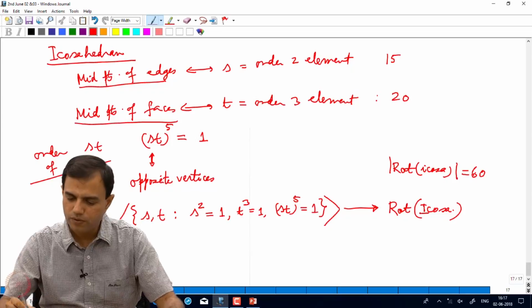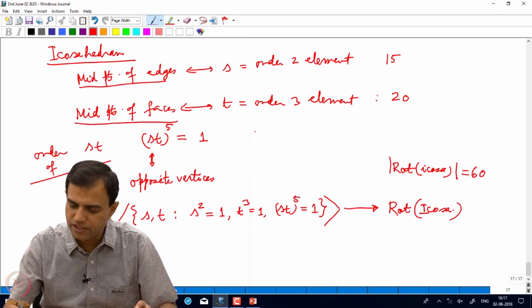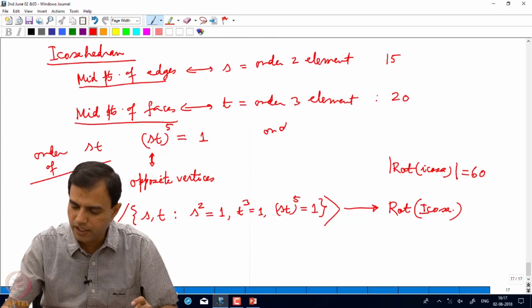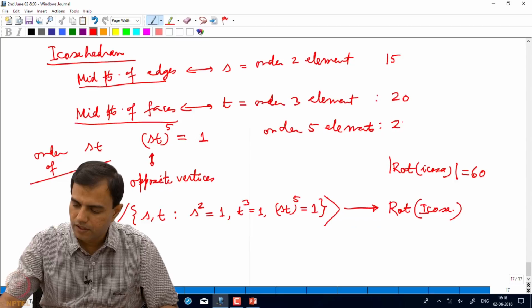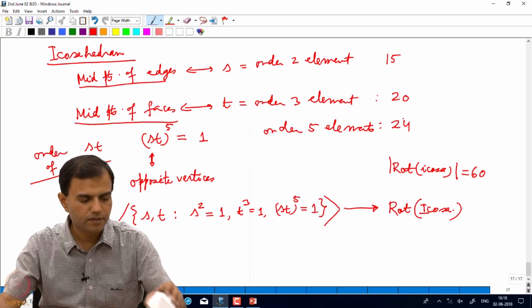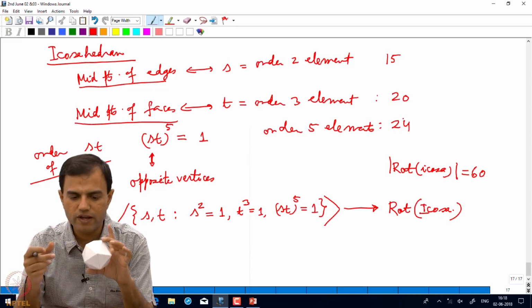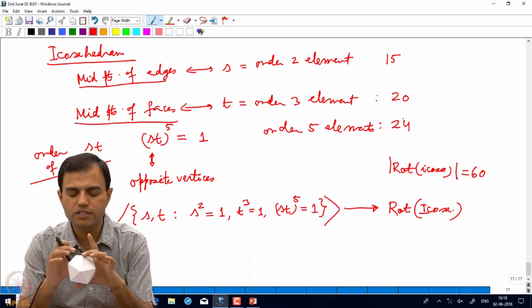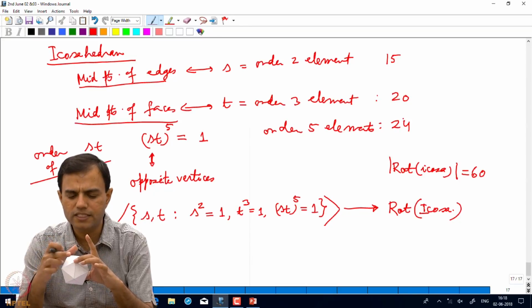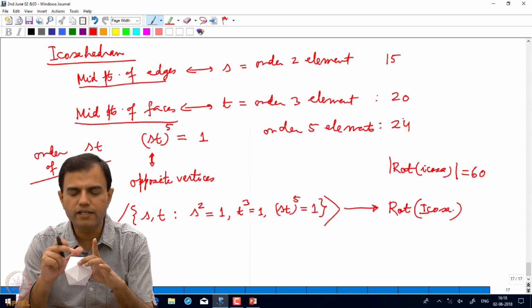So here if you look at order 3 elements, they are 20, and order 5 elements, they are 24, because there are 12 vertices, so there are 6 options, and each pair of antipodal vertices, when you take them as axis, gives you 4 non-identity positions.